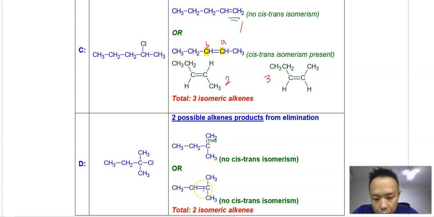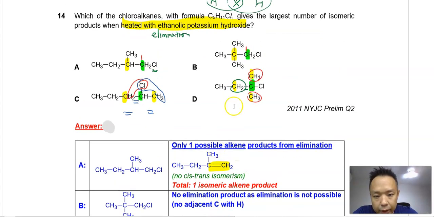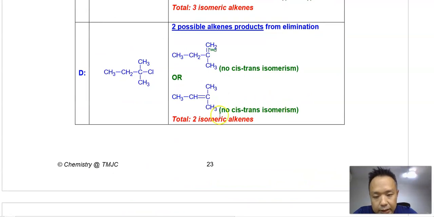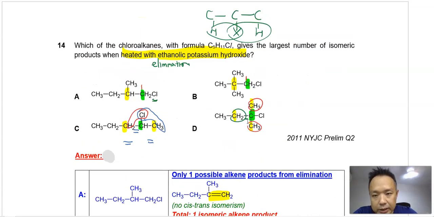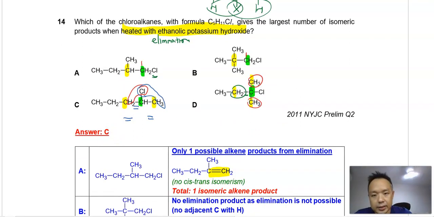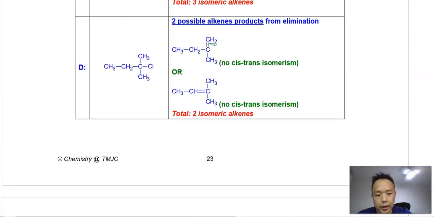In the other case, if I eliminate the green way, the carbon highlighted in green will have 2 CH3 groups again, which are the same group, and therefore there's no cis-trans. So there's only a total of 2 isomeric alkenes, and therefore option C gives rise to the most number of alkenes. So C is the correct answer. With that, I'm done with the MCQ.